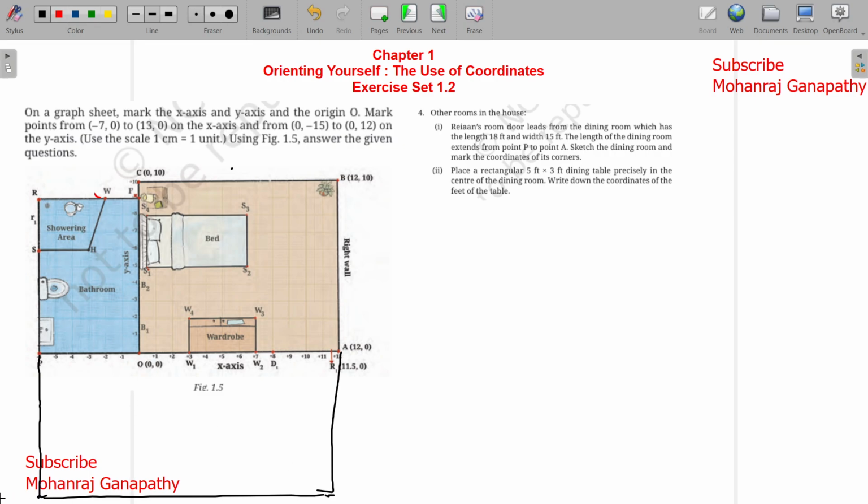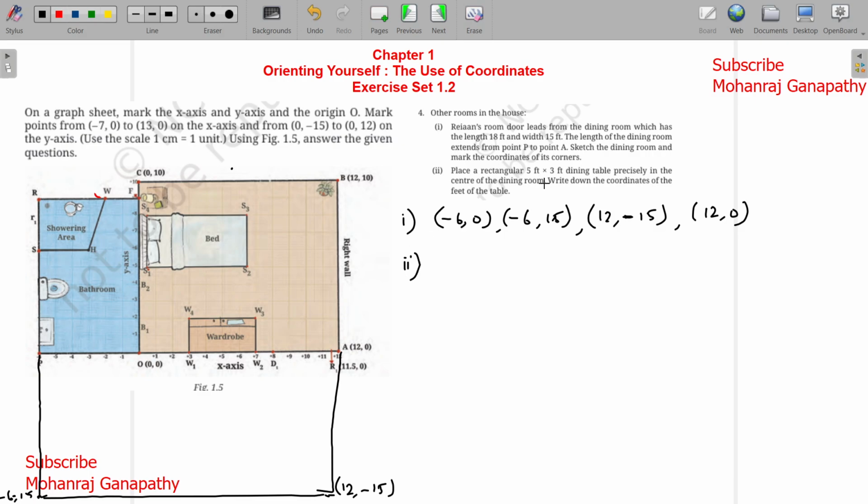This point will be considered as minus 6 comma minus 15, and this point is 12 comma minus 15. So I will mark the coordinates of the room: minus 6 comma 0, minus 6 comma minus 15, 12 comma minus 15 and 12 comma 0. These are the points.